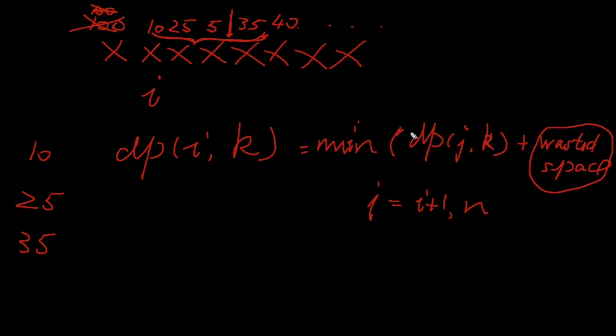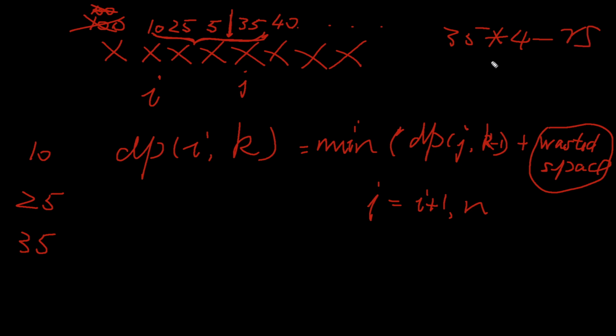And then we pass k minus 1 to j. Let's say j is here. It means that we're going to resize to 35, which means after resizing to 35 we can cover from 10 to this 35, and the total wasted space by resizing will be 35 times 4 minus this running sum, right?